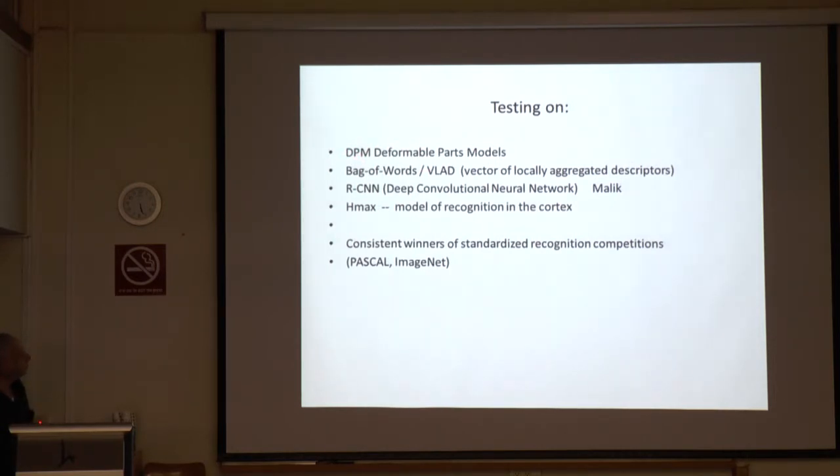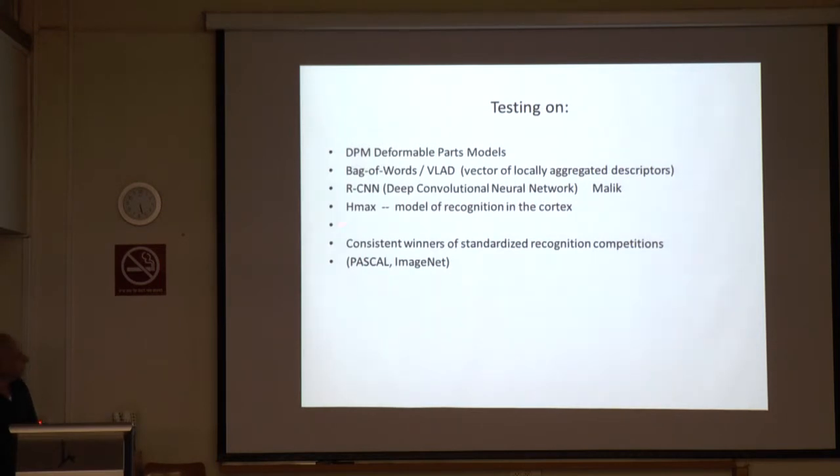One was called a deformable part model, and the other is a variation of bag of words, two great models. The last one, let me mention first, is called HMAX. It's the leading model around for trying to model directly the ventral part of the human visual system.